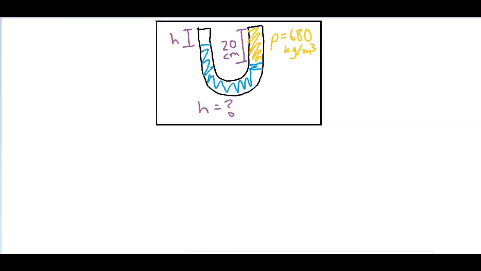Now for our last one, we are going to solve for this unknown height right here, this little gap that's empty at the top of the left side of that manometer. Again, we have a similar situation where we can create this little reference line here because we know that this amount of water over here is going to balance out that amount of water.